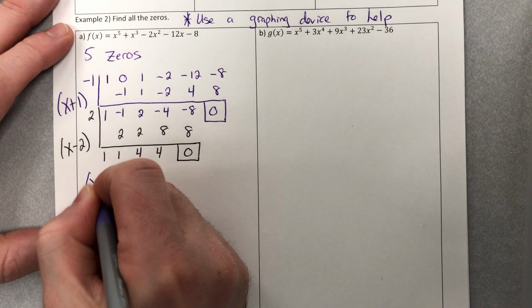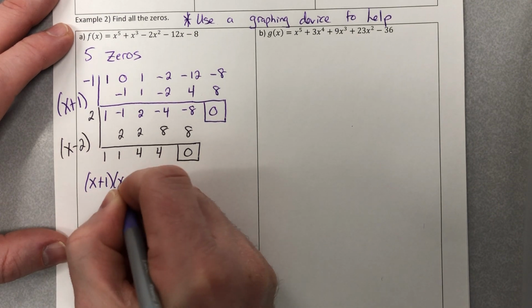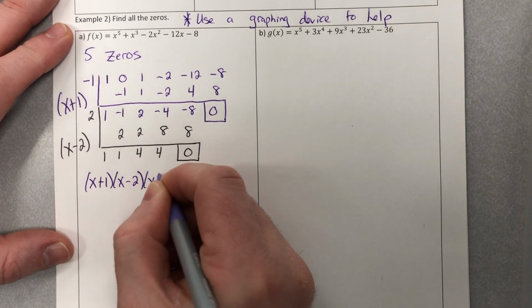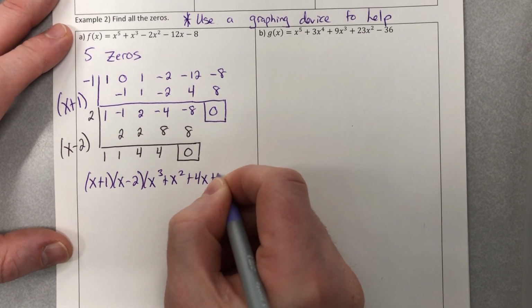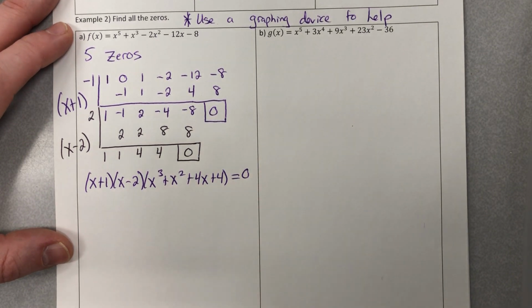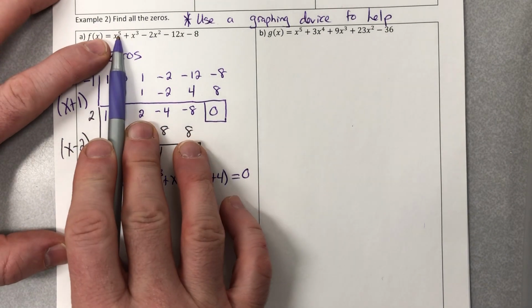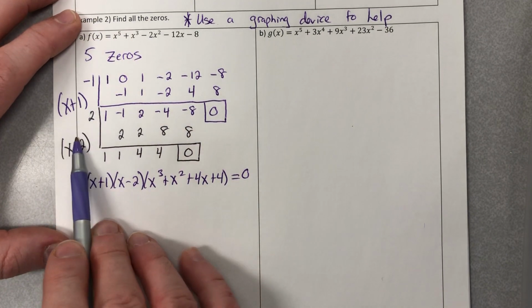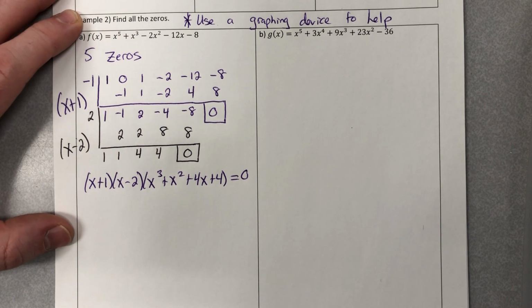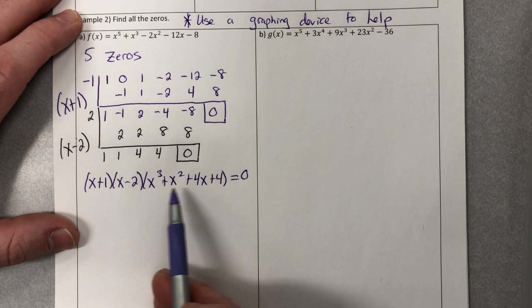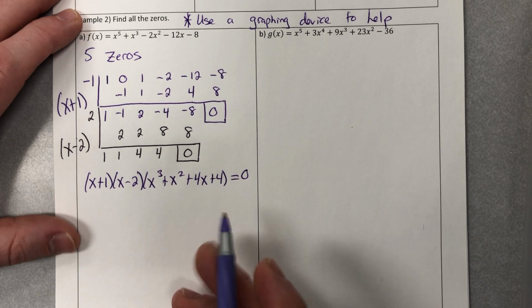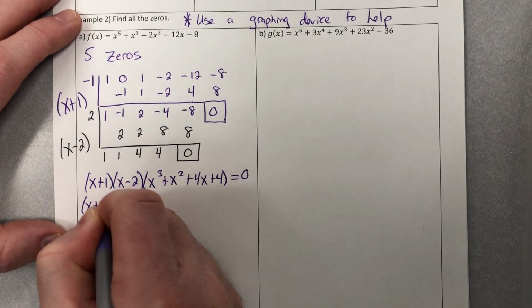So what I'm left with is x plus 1 times x minus 2 times x to the 3rd plus x squared plus 4x plus 4 equals 0. If we think we started with something to the 5th power, we took 2 x's out, that's going to leave us x to the 3rd. The reason I did that is I can see that this polynomial here with 4 terms can be factored by grouping.